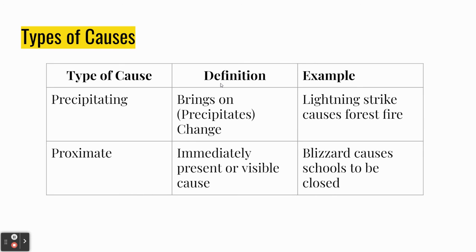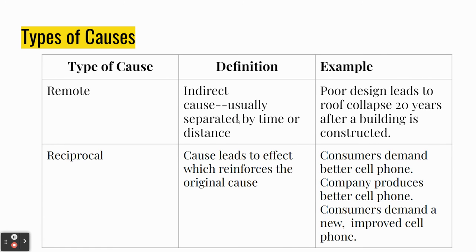It's a proximate cause. It's immediately visible. On the other hand, a remote cause is separated by time and distance. Somebody designed the building poorly, so the roof collapsed 20 years after the building's constructed. It's a remote cause.